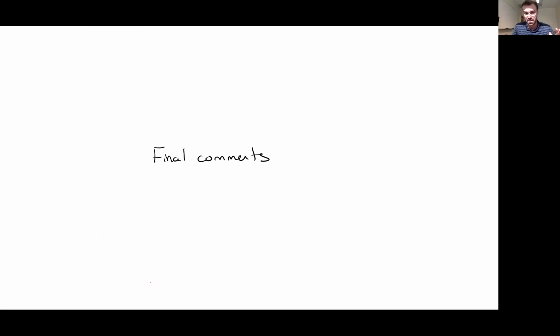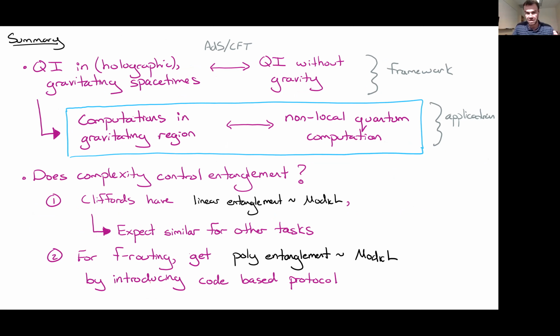Okay, so that's everything I want to say. I'll just wrap up by summarizing the logic of this talk. The overall reasoning is we want to think about quantum information processing in the context of gravity. We restricted ourselves to holographic spacetimes, and then we made use of the AdS/CFT correspondence to turn those questions into non-gravitational questions.